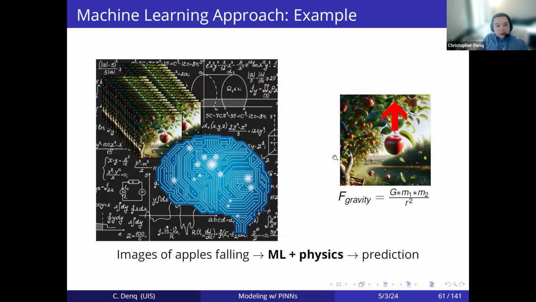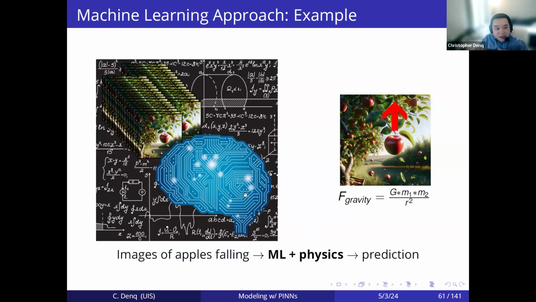Well, we as humans know that this kind of prediction is quite silly, right? We know that apples don't really fall up, and that's because we have an intuitive understanding of certain elements of physics in our world, right? In this case, for gravity. But the machine learning model doesn't necessarily know this, right? And we don't want the machine learning model to be wasting time making predictions that seem so obviously wrong.